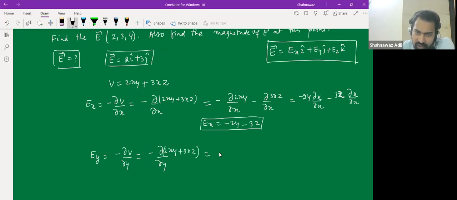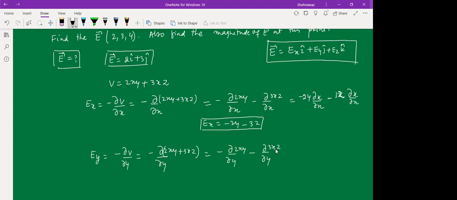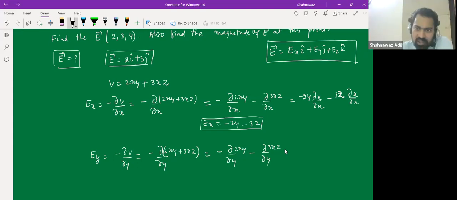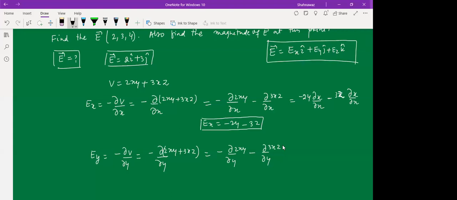So I can write this as minus d by dy of 2xy minus d by dy of 3xz. Sir, we'll get the same answer, minus 2y minus 3z. Yeah, let's see what we will get.